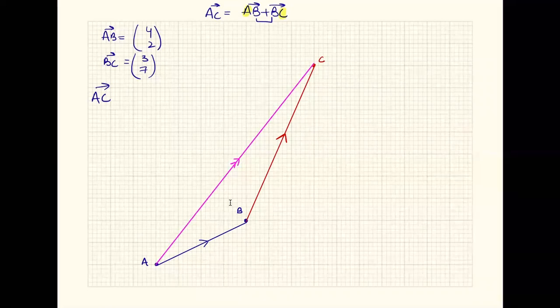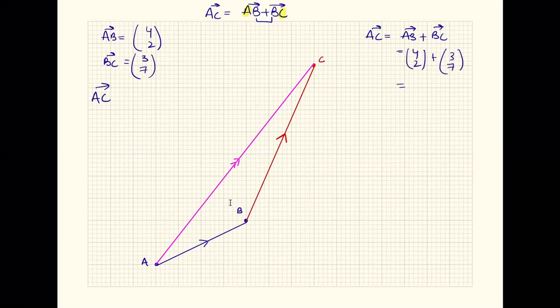So I can find AC by calculation as well. AC was equal to AB plus BC. Vector AB is (4, 2) in terms of column vector. Vector BC is (3, 7). So as an end result, it's going to come out as (7, 9). This is by calculation. Now, if you were to pick it up from the diagram, going from A to C would mean that you travel from A directly to C. So from A to C, you're going to travel 7 units in the x direction and then 9 units in the y direction.